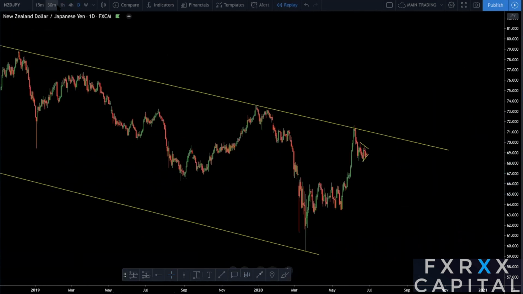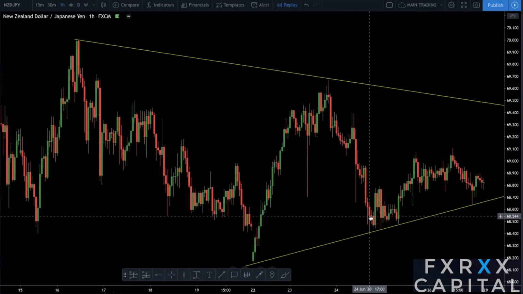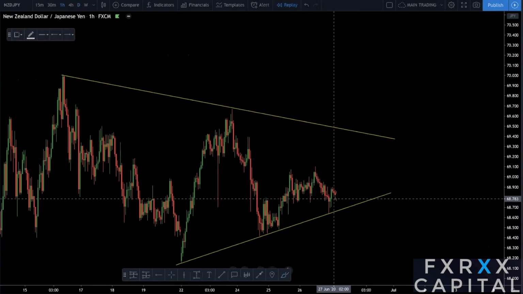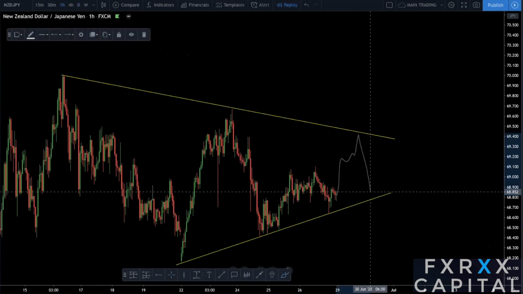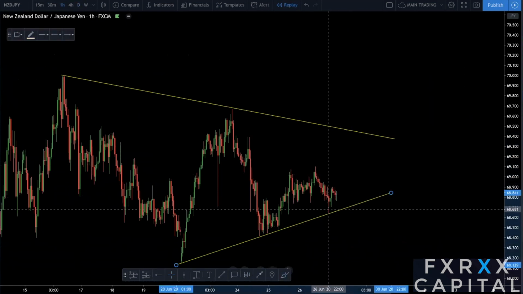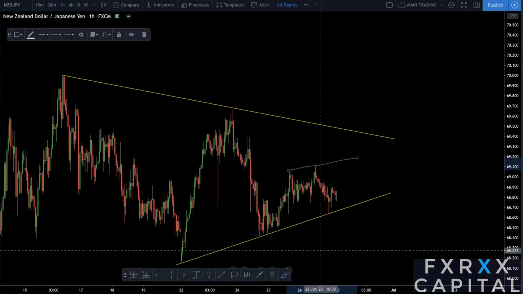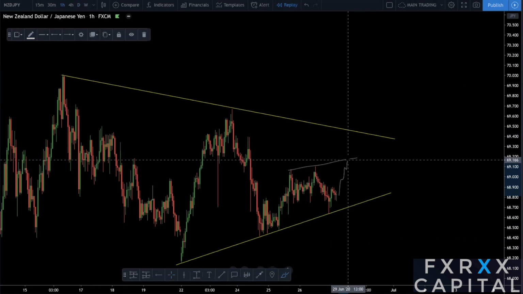So price starts to show symmetrical triangle. Okay, second touch, third touch. So waiting for the third touch to sell, or we wait for the small structure, third touch here to sell.